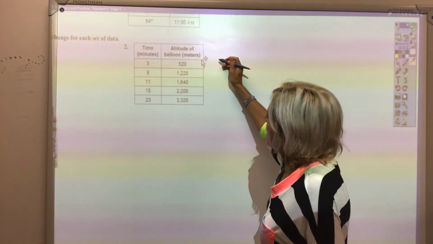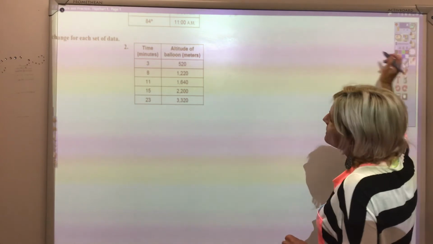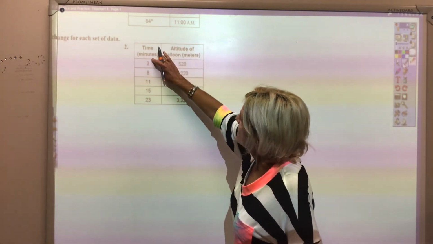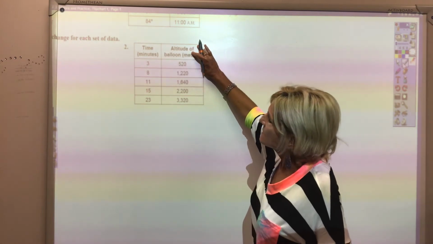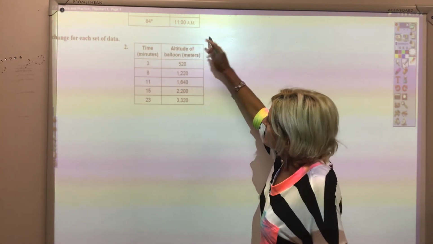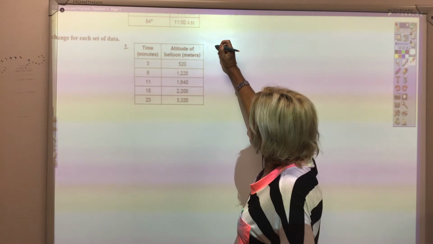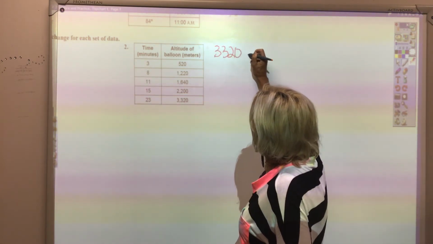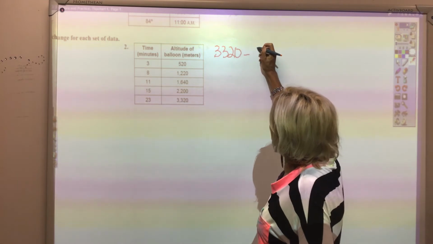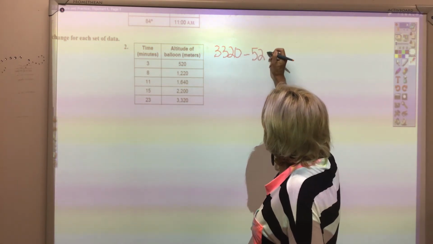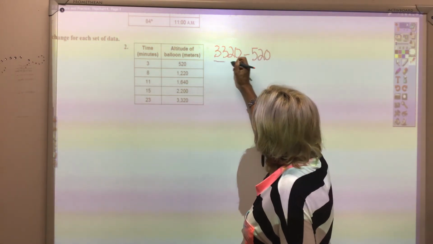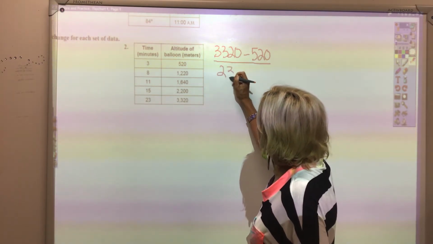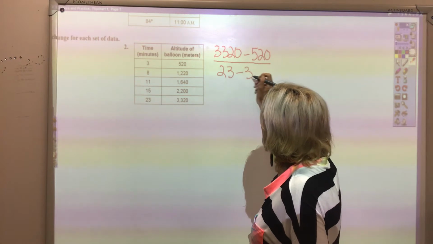So we're looking for the average rate of change in altitudes per minute. Altitude is the dependent, that's the Y. So we would take the ending value of 3320 minus the starting value of 520, and we would divide that by the change in minutes, which would be 23 minus 3.